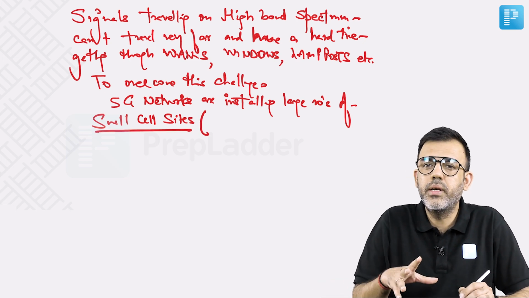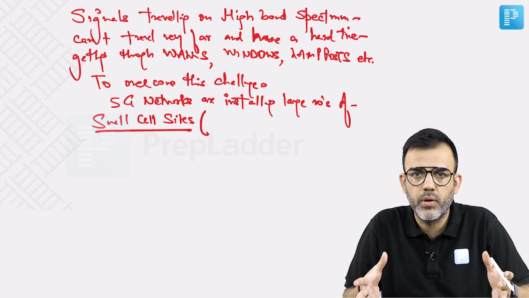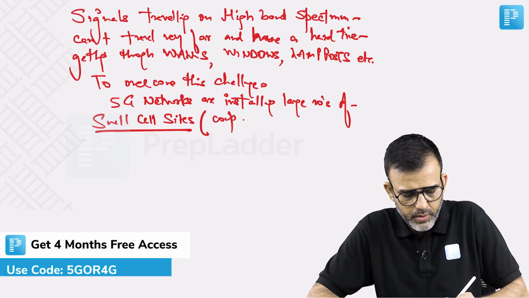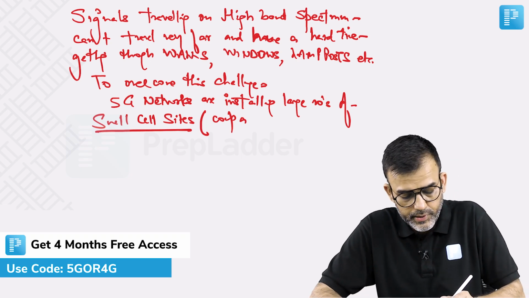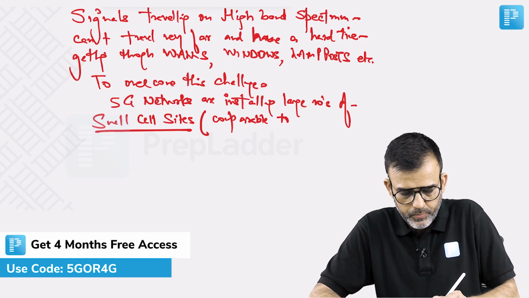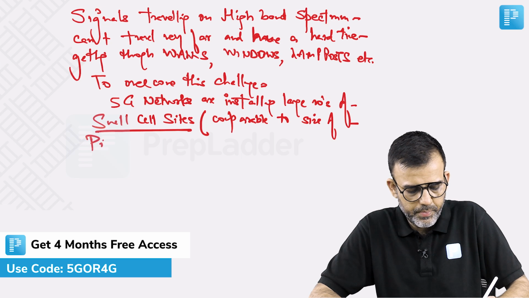The size will be roughly around the size of a pizza box. Okay, so it will be comparable to this one small cell site, comparable to the size of a pizza box.